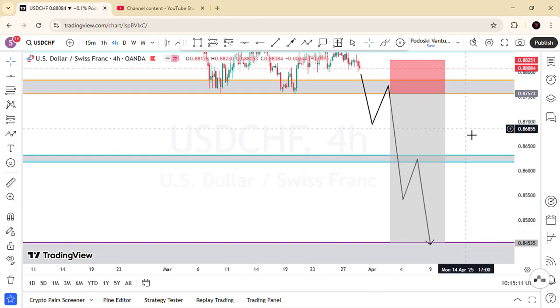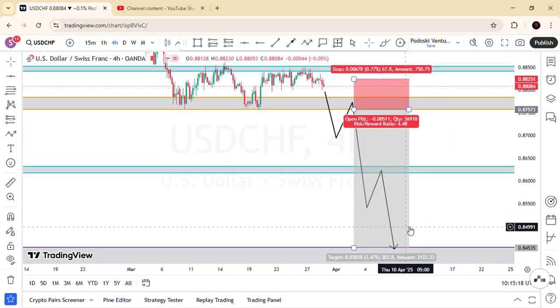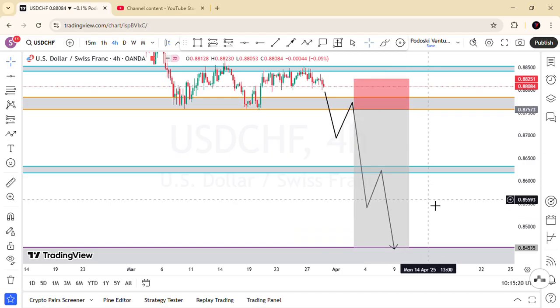And take note, because of the pair we are getting this setup on, if we target the monthly zone, it can take more than a month for this setup to hit our take profit. But it's cool, you don't have to stress yourself about it. As long as you're a swing trader, you just have to enter the trade, set your TP and your stop loss, and manage your risk.